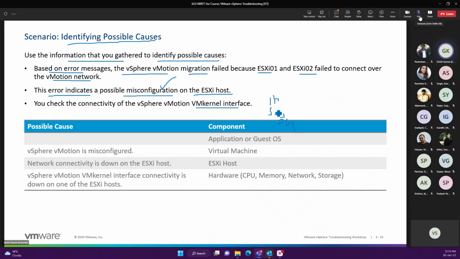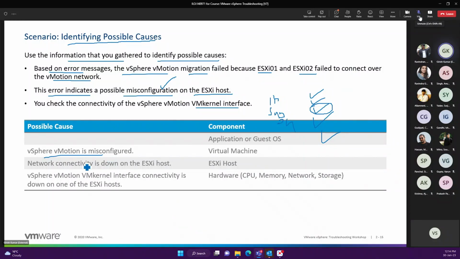And there are many checkmarks. This VM kernel port group you make for host management traffic, fault tolerance, vMotion, vSphere replication, vSAN. Among several checkmarks, you have a vMotion checkmark. So vSphere vMotion is misconfigured.